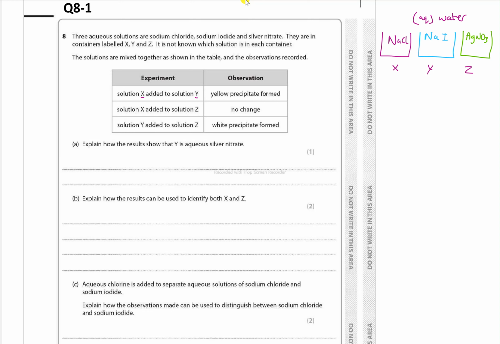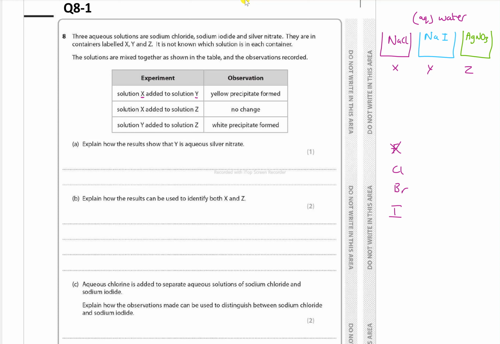If you mix solution X and Y, you end up with a yellow precipitate. Fluorine is too reactive, so we use chlorine, bromine, and iodine.